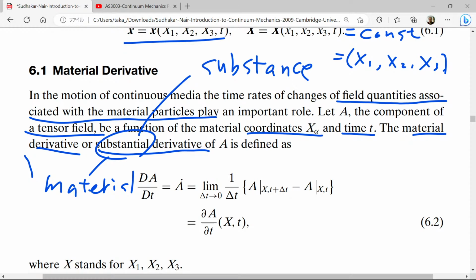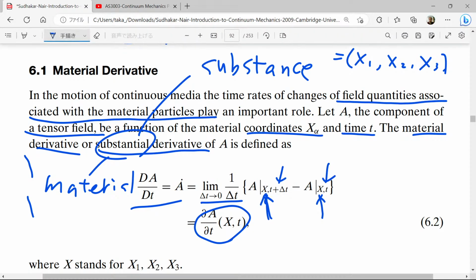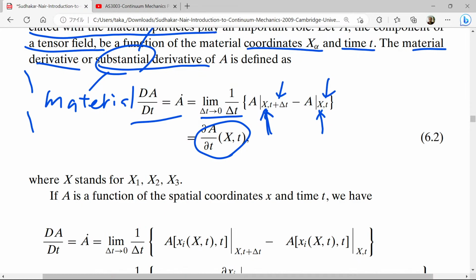The material derivative of A is defined as dA/dt, which is A dot, is the limit as the time change goes to zero. The material coordinate is fixed, only the time changes. So this is a partial derivative with time. Where X stands for X1, X2, X3.